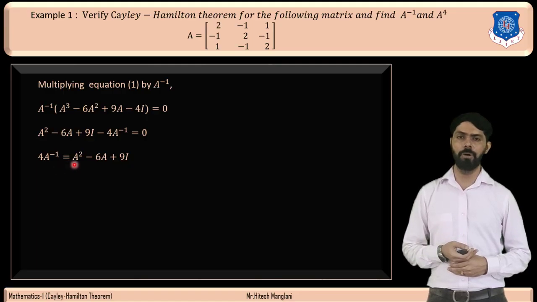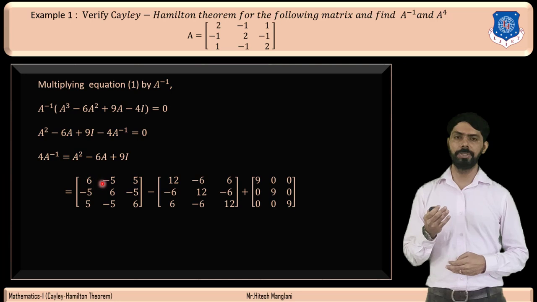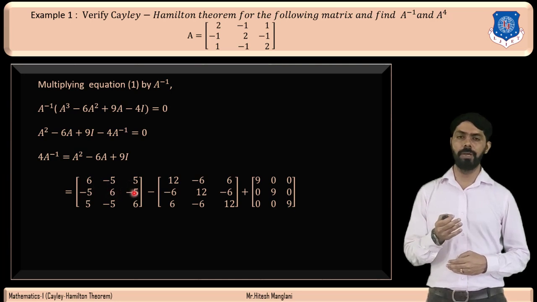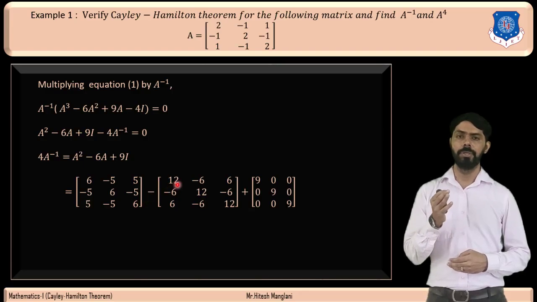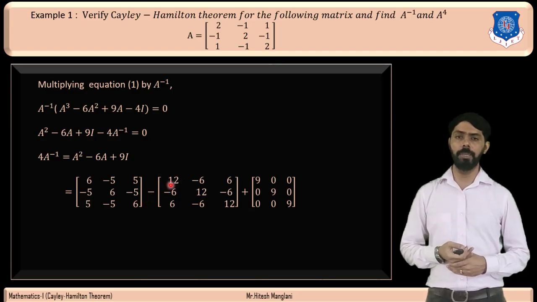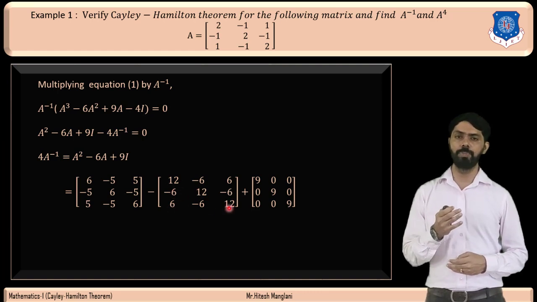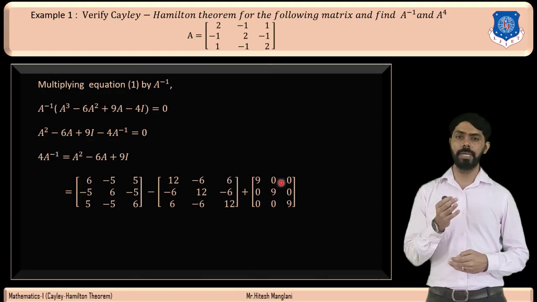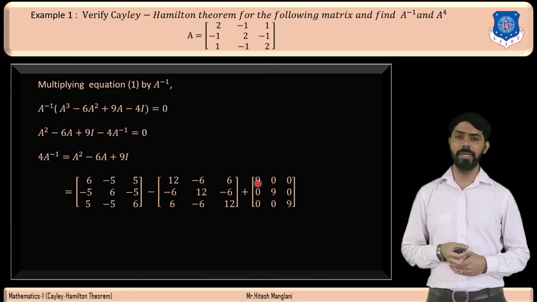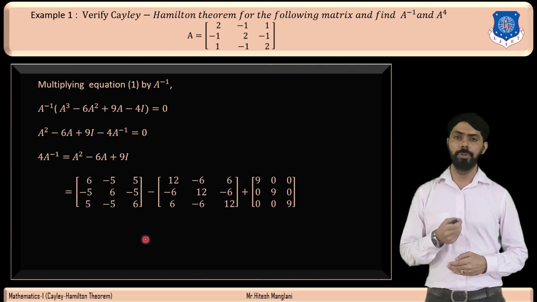Now as we have already found A square, A square is [6, -5, 5; -5, 6, -5; 5, -5, 6], then minus 6A. So here we will have to multiply all the elements of A by 6. So it will be [12, -6, 6; -6, 12, -6; 6, -6, 12], plus 9I, where I is the identity matrix of order 3. Therefore 9I will be 9 0 0, 0 9 0 and 0 0 9.